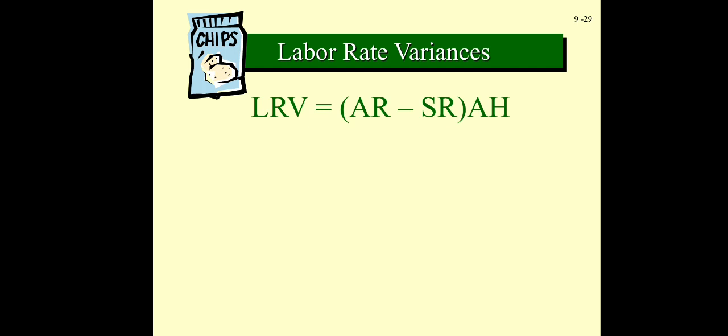Okay, now let's see how to calculate or to do variance analysis on the labor cost. Like I said earlier, when you do variance analysis, the variance analysis can be done on the dollar aspect and on the quantity aspect. So for labor, the dollar aspect is related to the wage rate, the amount that a business pays to its workers.